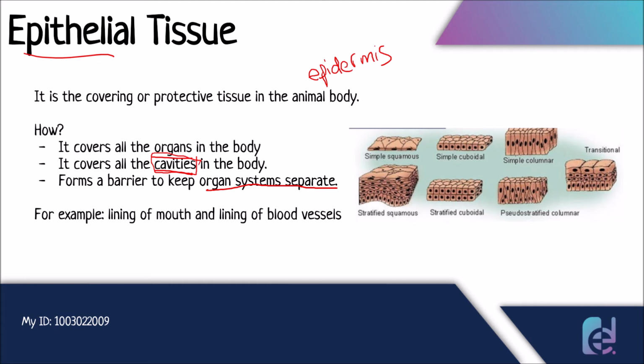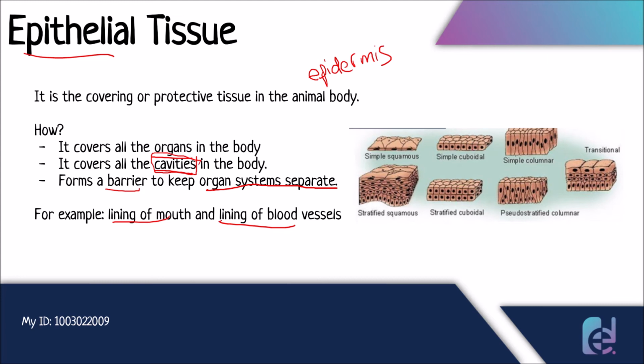So this epithelial tissue will cover the organs, it will cover the cavities, and it will also form a barrier to keep organ systems separate. An example is the lining inside our mouth, and the lining of blood vessels is epithelial tissue.